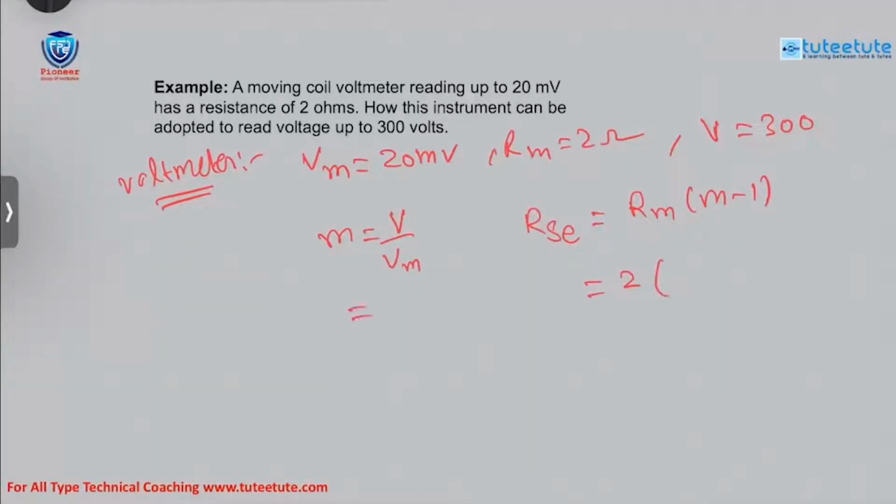You can calculate M. M is 300 by Vm, how much given? 20 millivolts. Approximately how much it will come? 15 into 10 cube. So we can write 15 into 10 cube minus 1.